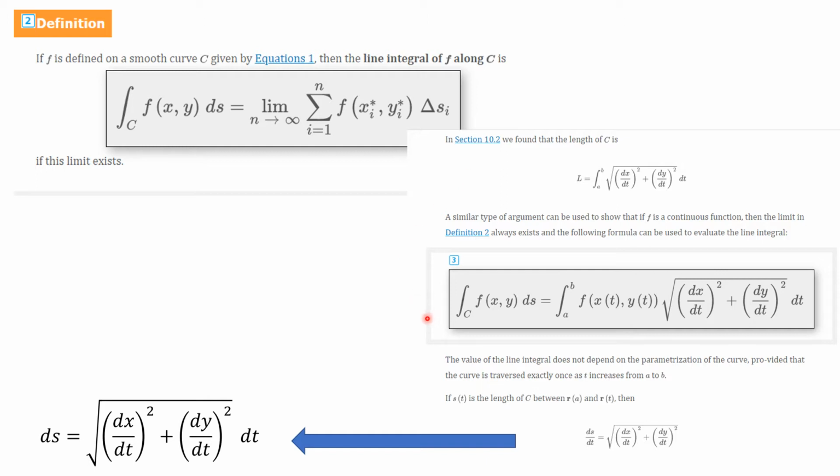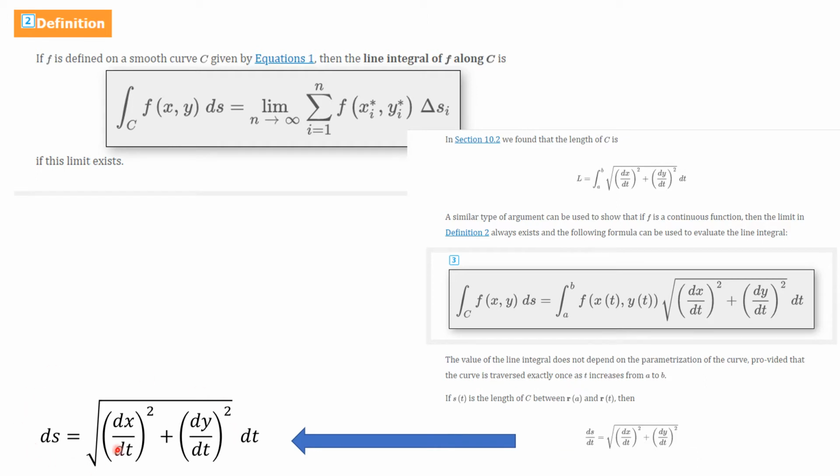Now, if you think about the way we defined arc length before, the arc length was equal to this integral, so if we take the derivative, ds dt is equal to this.